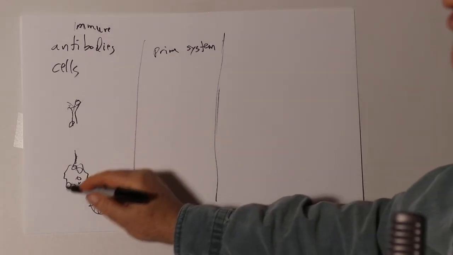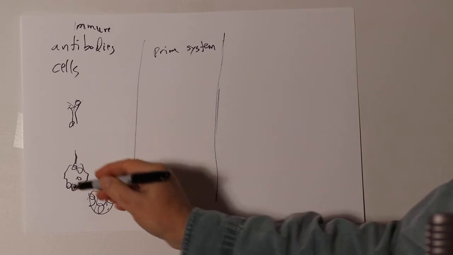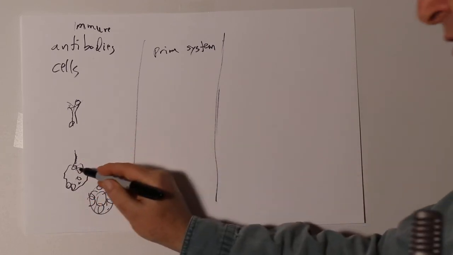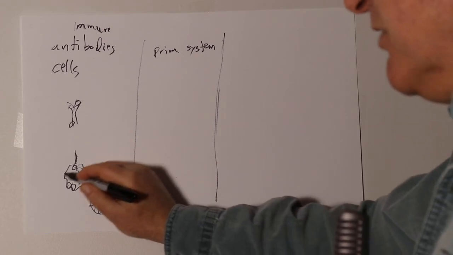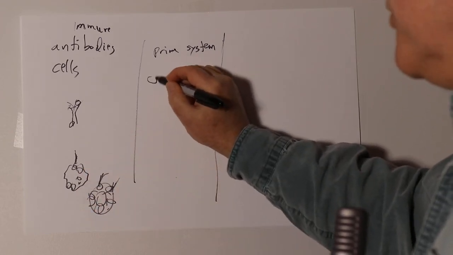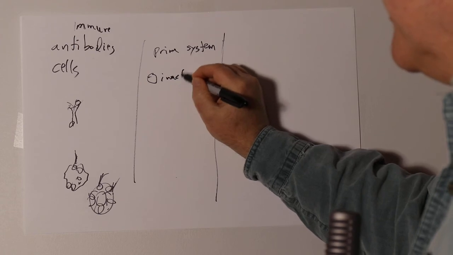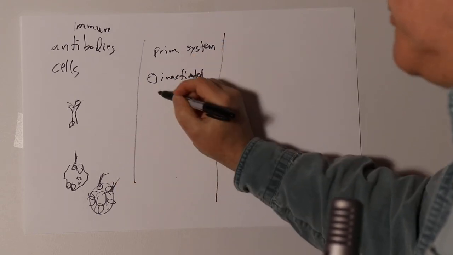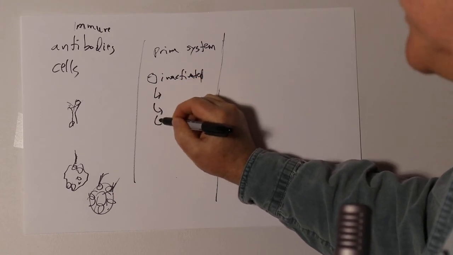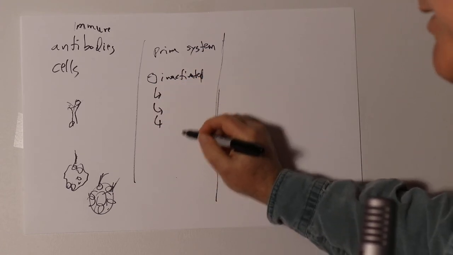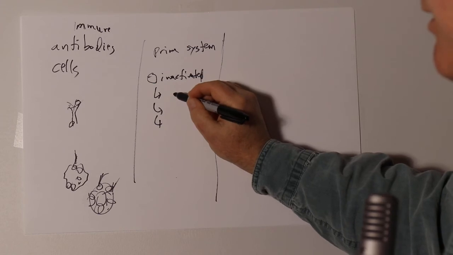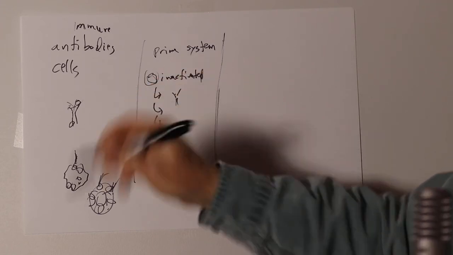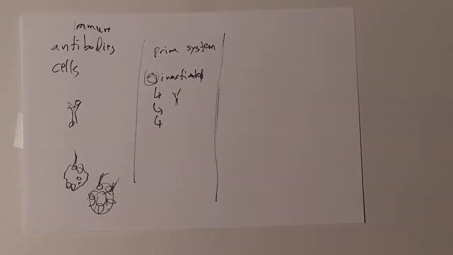One way to do that, the original way, was to take the virus and kill it. You could heat treat the virus or treat it with a detergent or with acid or something that would kill the virus but leave the protein structure sufficiently intact that if you injected the inactivated virus, it would look enough like the real virus that we would get an immune reaction against it. And so the body would be primed, and if you got infected with the real virus, the antibodies and the cells that you had generated against the inactivated virus would cross-react with the active virus.